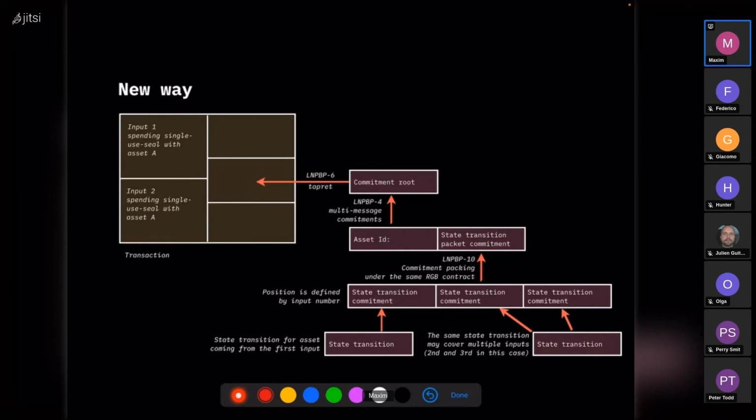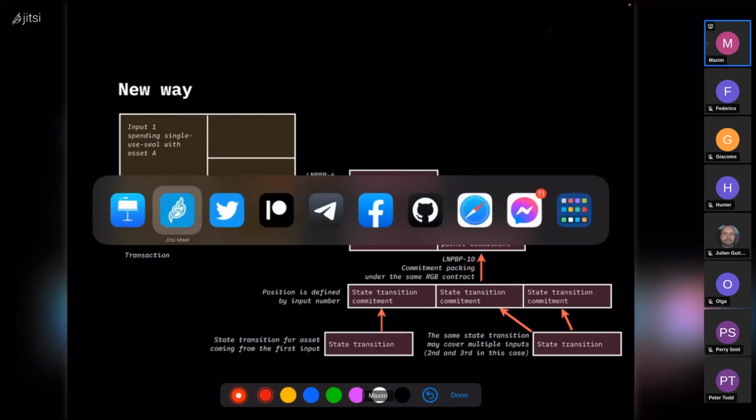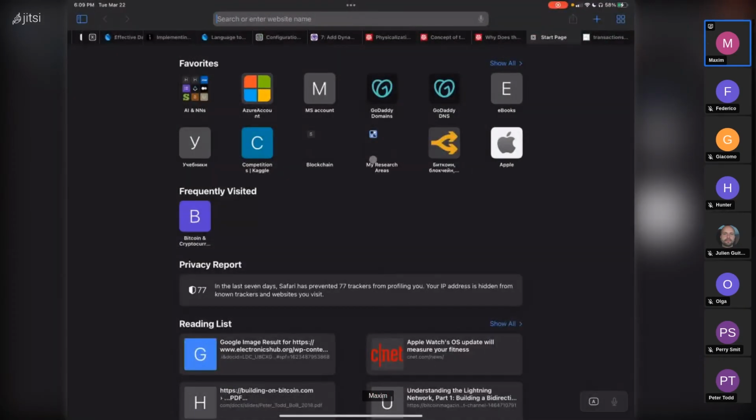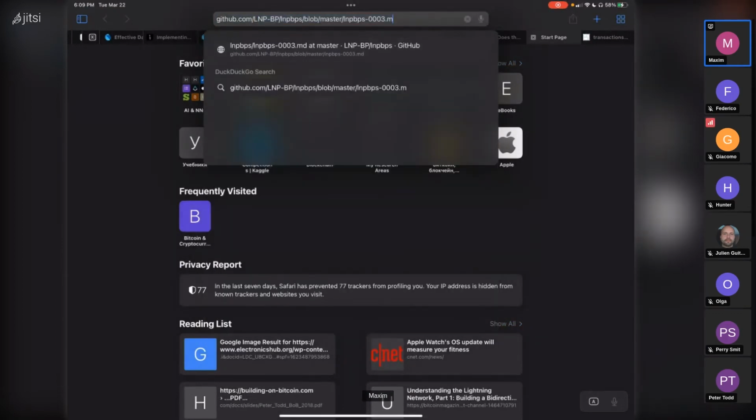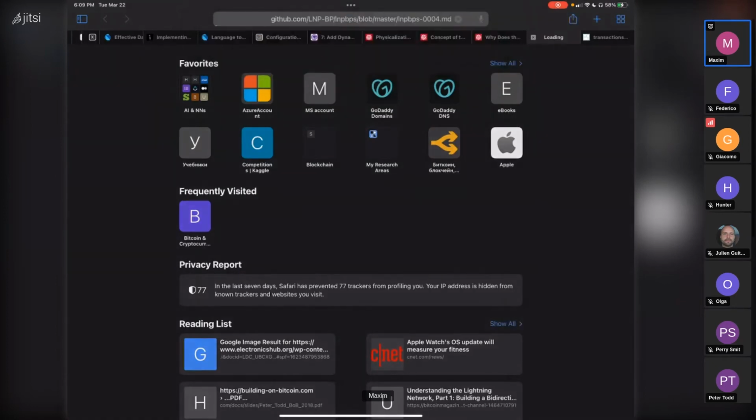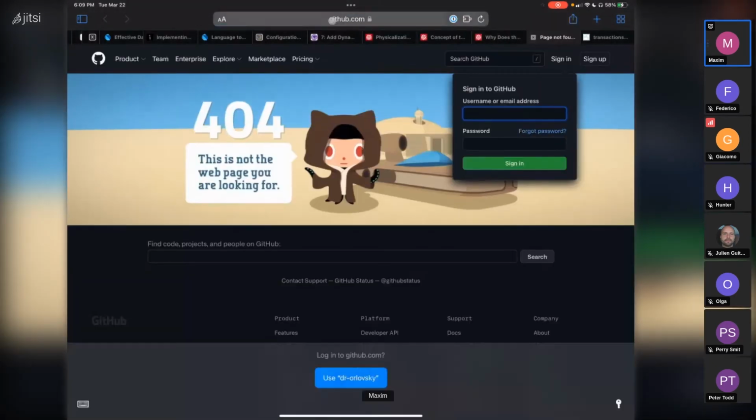So if I'm getting you right, we already have a protocol defined in the LNPBP-4 standard. Just give me one moment, I will open it. And it seems that this is exactly what you're talking about, and this works already.